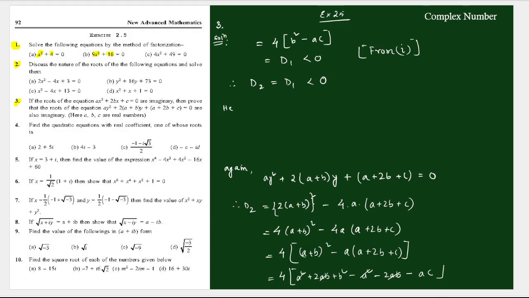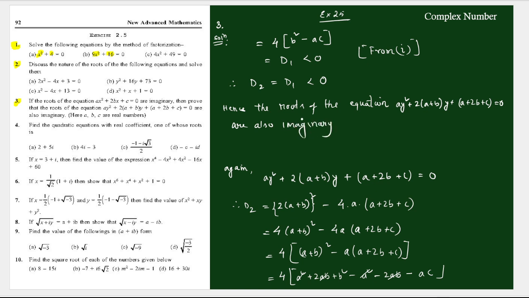So we can say that hence the roots of the equation ay square plus 2(a plus b)y plus (a plus 2b plus c) equal to 0 are also imaginary. So we need to prove, so hence proved.